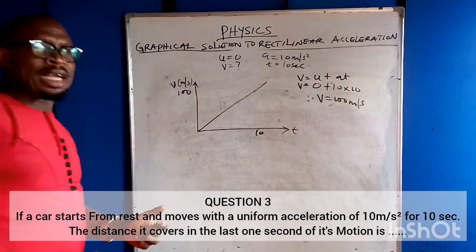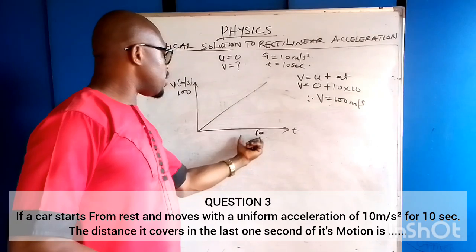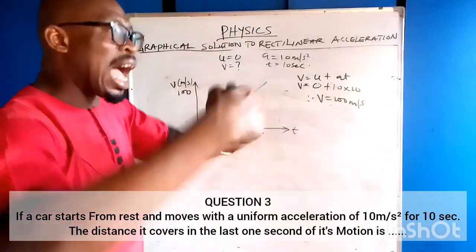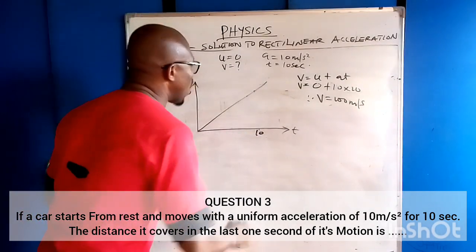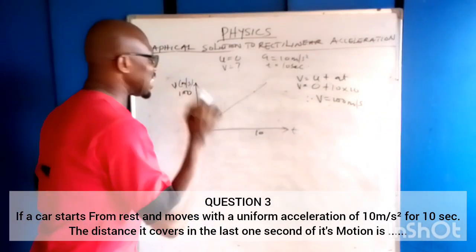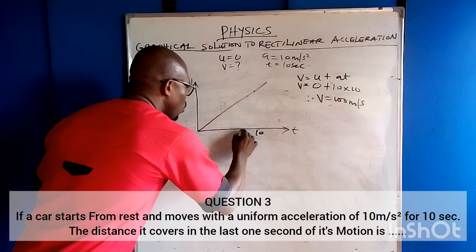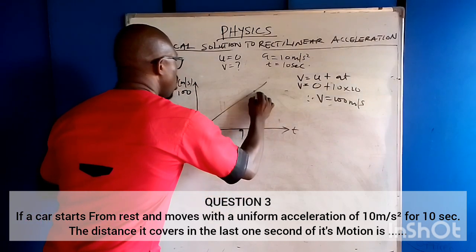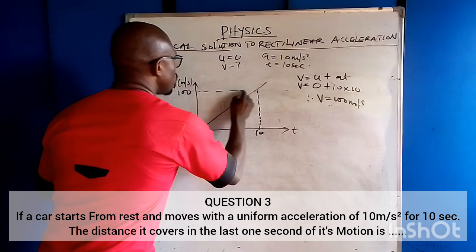Now remember, we said the distance covered in the last 1 second is the distance between the 10th second and the 9th, so if you subtract 1 from this, we now have 9. If we have 9 here, we can trace it up to the line.